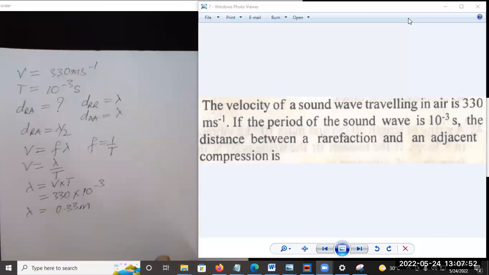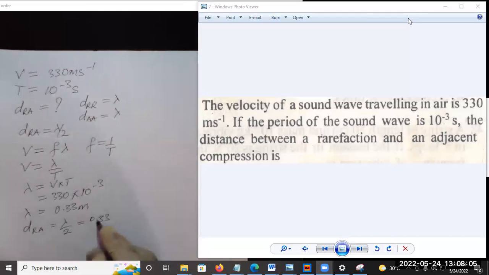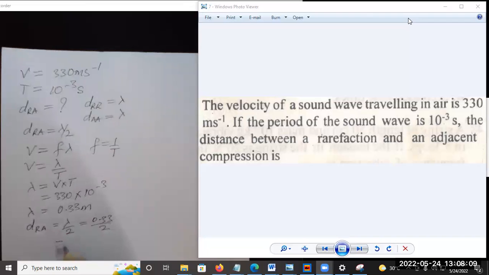Then the distance between the rarefaction and adjacent compression, which is half of a wavelength, is 0.33 divided by 2. That will give us 0.165 meters. This is the distance between the rarefaction and adjacent compression.